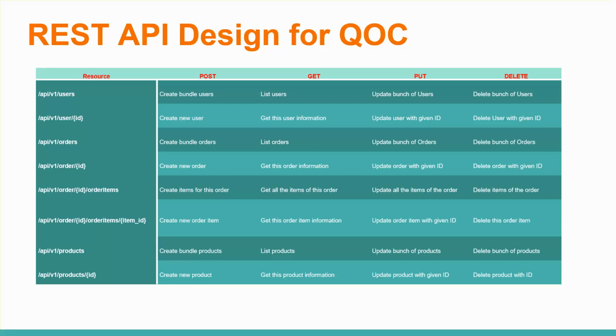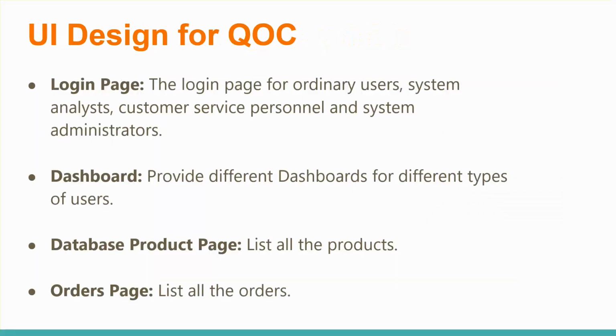The get call will list all the users. The put call will update the users, and the delete call removes these users. Through the REST APIs, all the information and resources are so clear, and we don't need to worry about other things, just look at the API.